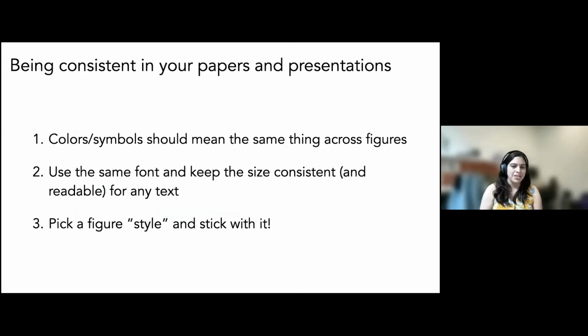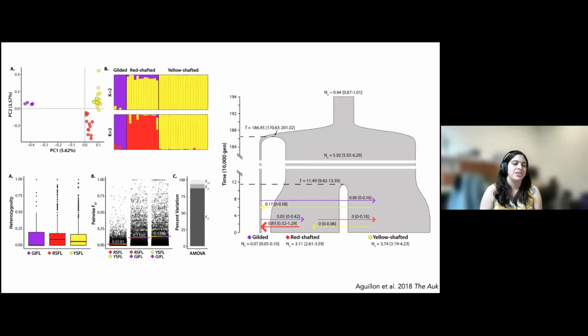And then finally, I think the bigger thing is to pick a figure style and stick with it. I think this can be hard because obviously our style and our skill level evolves over time, but at least within a paper, within a project, pick a style that you like and stick with it. So in all of these figures, you can just look at them and tell that they are similar.